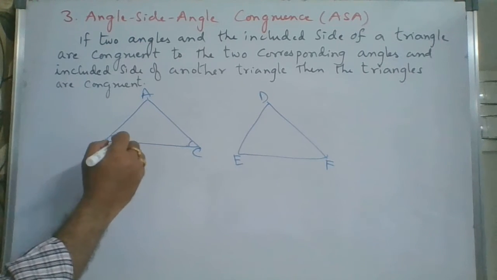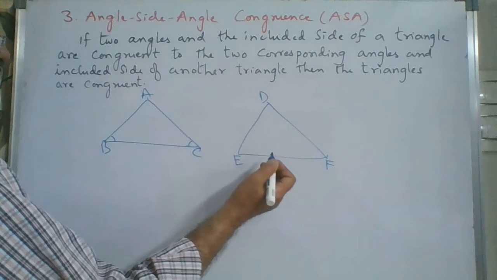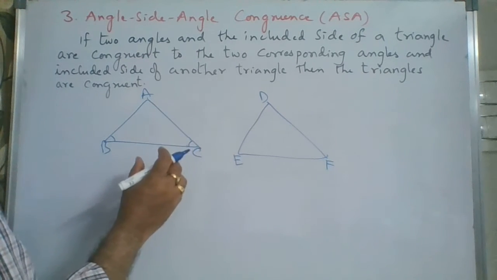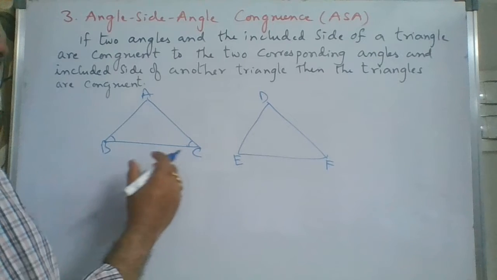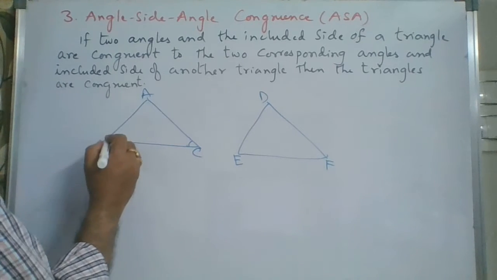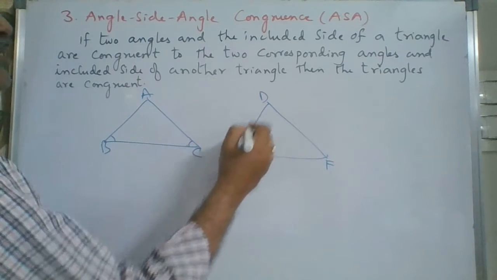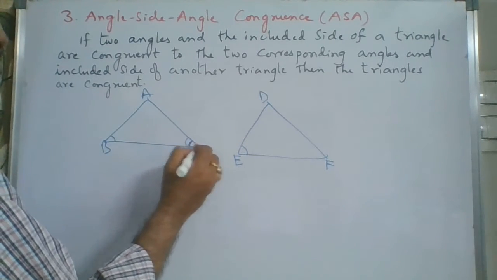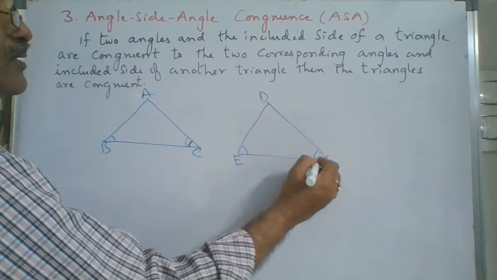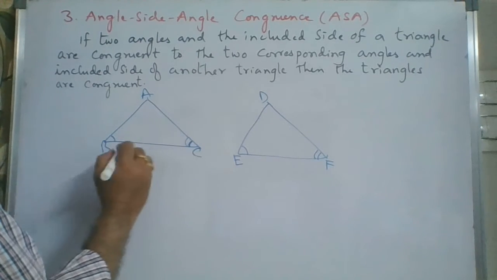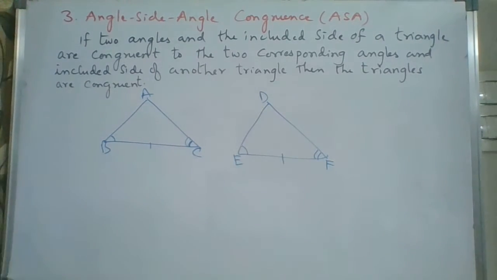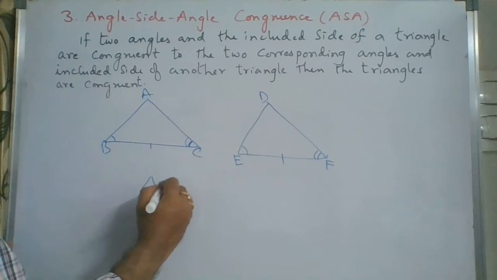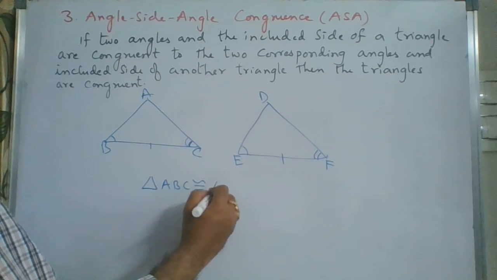If they are the same in the other triangle, that is, the corresponding angles and the included side are equal, then the two triangles are congruent. So if angle ABC is equal to angle DEF, angle ACB is equal to angle DFE, and the included side BC is equal to EF, now we say that triangle ABC is congruent to triangle DEF.